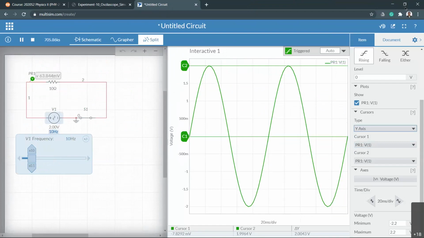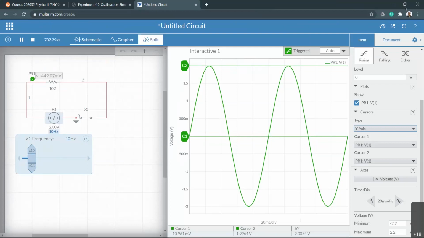Then below the graph sheet, at the very edge, you can see the value of cursor number 1. That should actually be 0. You can try to get it to 0, but it will be very difficult. So get it to the 0 line as close as you can. It is 10 millivolt, which is very close to 0, 10 times 10 to the negative 3.